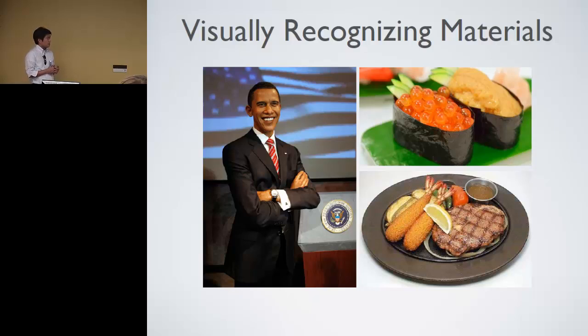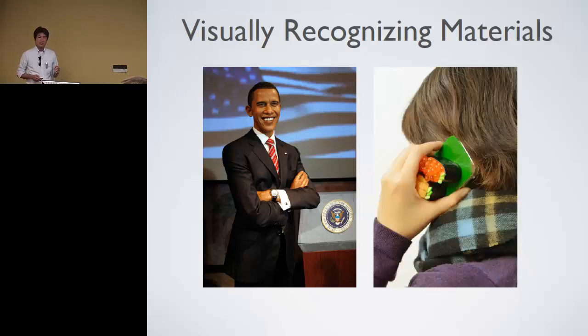And if you really think about it, there has to be some information embedded in the images that hints at the materials, because we as human beings can actually look at this and say that, okay, this Obama is probably not going to respond to a request for a handshake, or we can guess that if I bite into the sushi, I might lose my teeth, because it actually is an iPhone case, right?